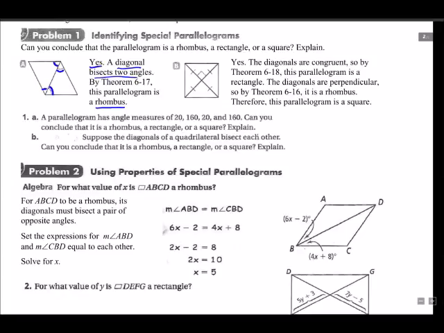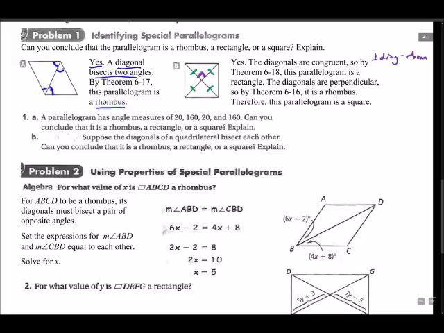And let's look at what we have here. Well, first thing I see is perpendicular diagonals. So what does that give me? Perpendicular diagonals gives me a rhombus. Is there anything more here? Well, let's look at these. Our diagonals are bisected. That's just parallelogram.